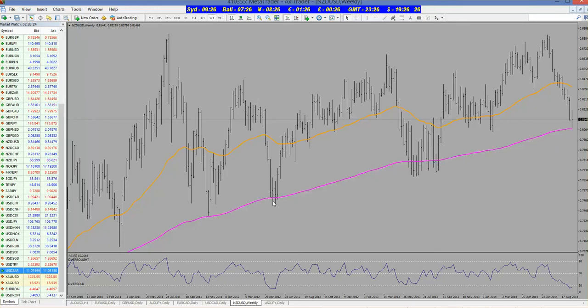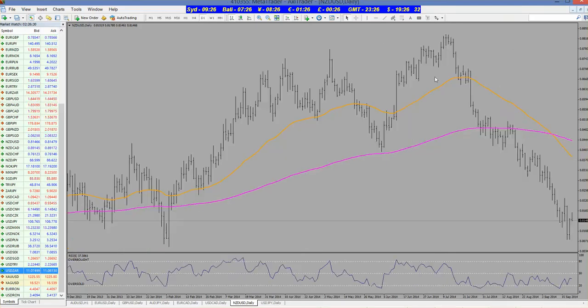It has bounced off the 200 on this quite a few times nicely, and we might have the daily phase 2 producing that, getting it back up into this area, the 84 area there.